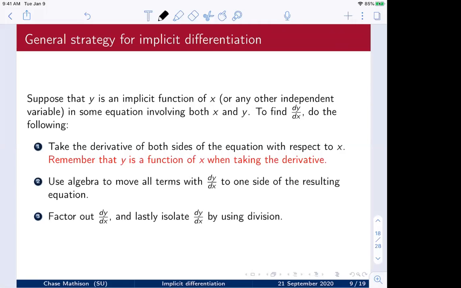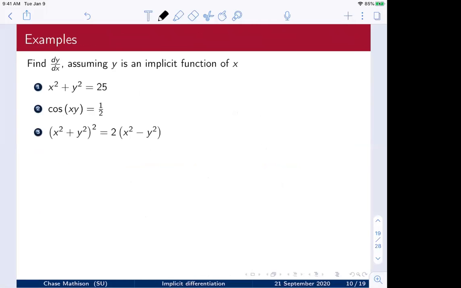All right, so let's look at some concrete examples, okay? So number 1, we're looking at the equation of a circle, right? So I want to find dy dx, which is going to tell me the slope of the tangent line to the circle at any point on the circle, right? So number 1.